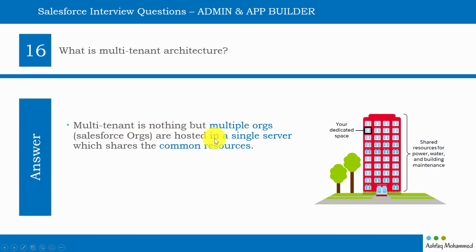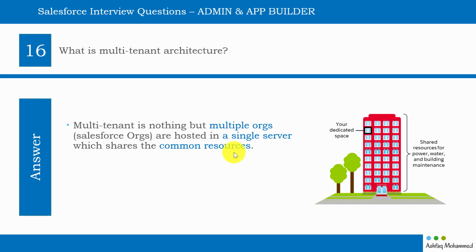Salesforce orgs are hosted on a single server which shares the common resources. So what Salesforce has done is create Salesforce in a multi-tenant environment, okay? You might use your Salesforce org, but you don't know that on the same server you are connected to, there are some other customers who are also using Salesforce, right?